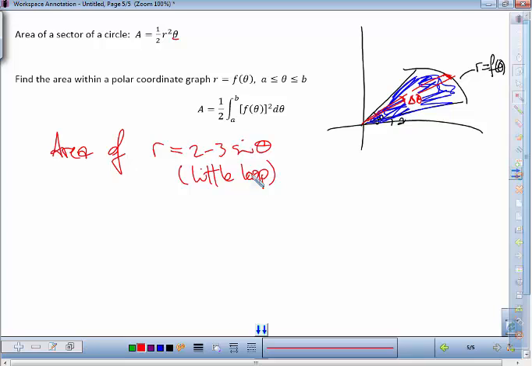And we'll go with that little loop again in there. We want to find the area of that little loop in that limaçon. Then we just plug it into the formula. Now that we have the formula, it's not derived. We just plug it in there, and then we should get our value.